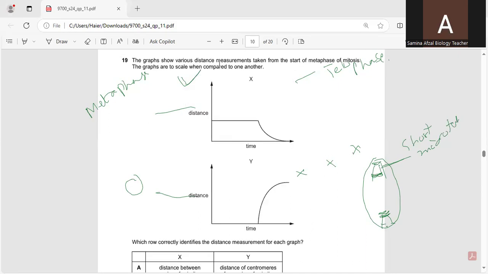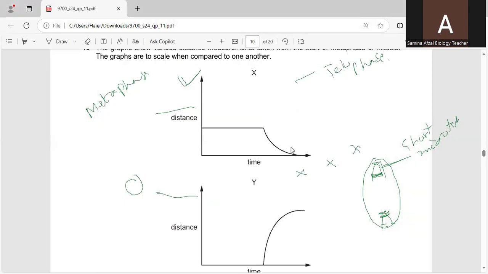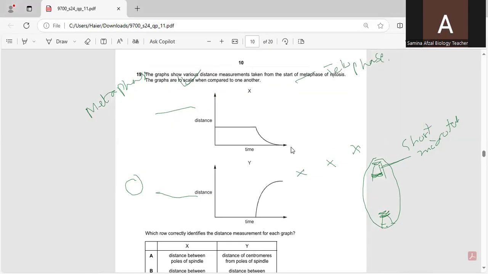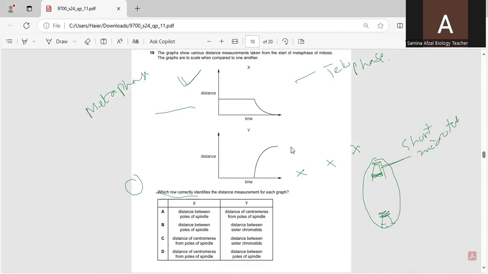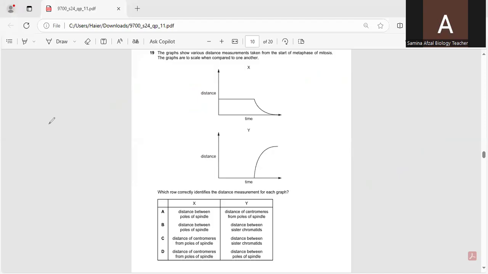Now we will move towards question number 19. Here you can see the graph shows various distance measurements taken from the start of metaphase of mitosis. The graphs are to scale when compared to one another.